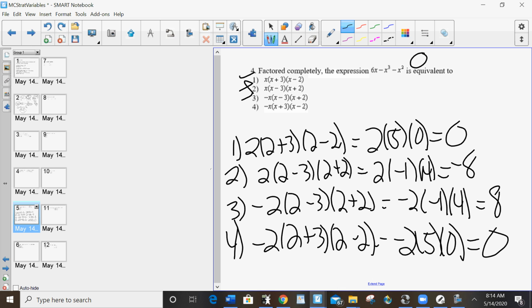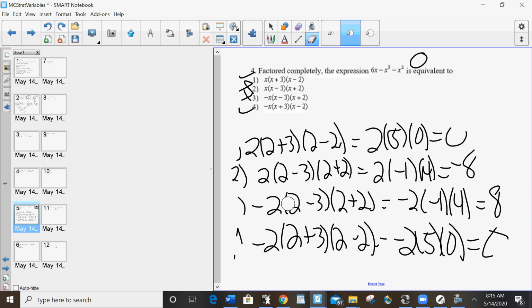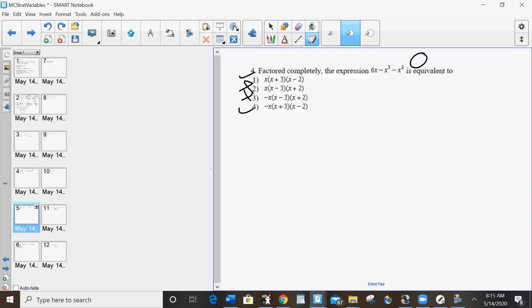So notice how both choice 1 and 4 work. What that means is I need to now choose a different value, because choosing 2 made both of them 0. So I know it's a little bit of a pain. We're going to have to now choose a different value, but I already know that it can't be 2 and 3. So let's do 4.